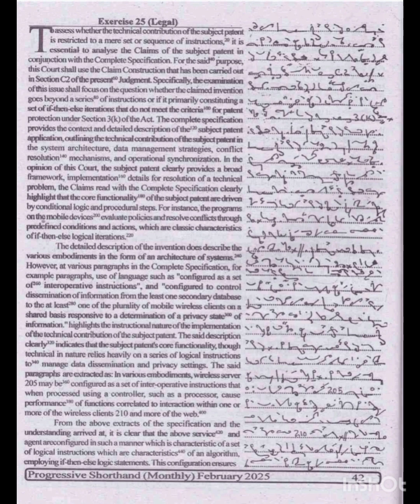For the said purpose, this court shall use the claim constructions that have been carried out in section C2 of the present judgment. Specifically, the examination of this issue shall focus on the question whether the claimed invention goes beyond a series of instructions or if it is primarily constituting a set of if-then-else iterations that do not meet the criteria for patent protection under section 3K of the Act.